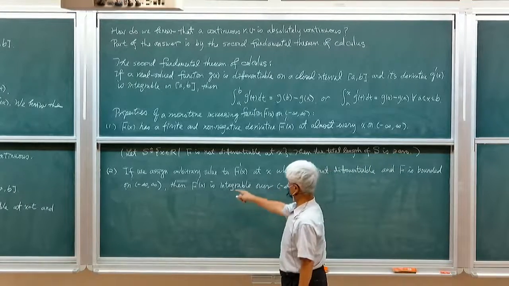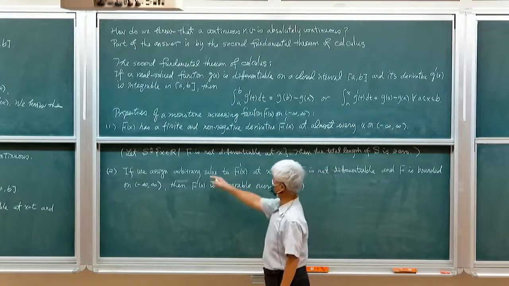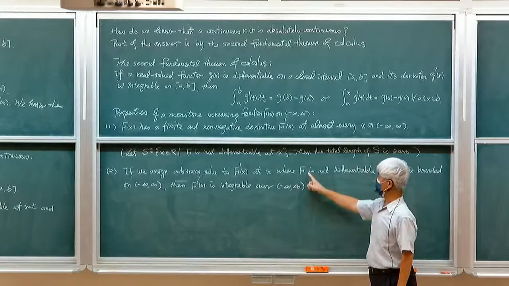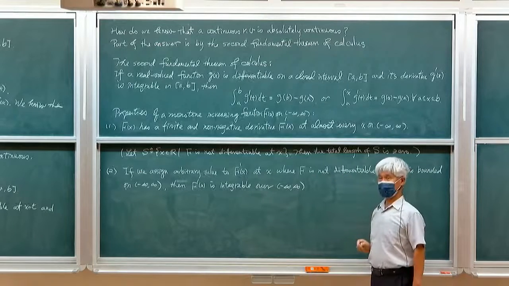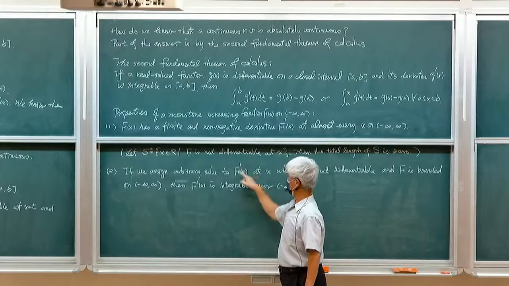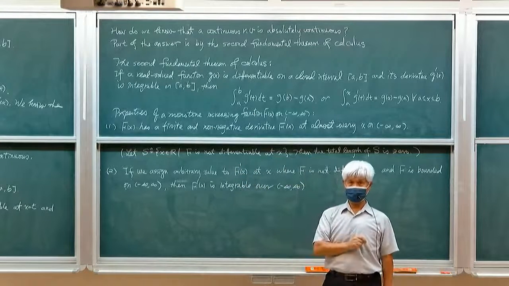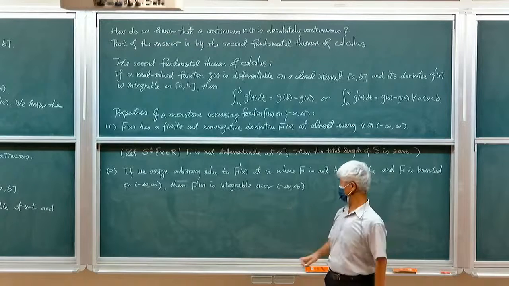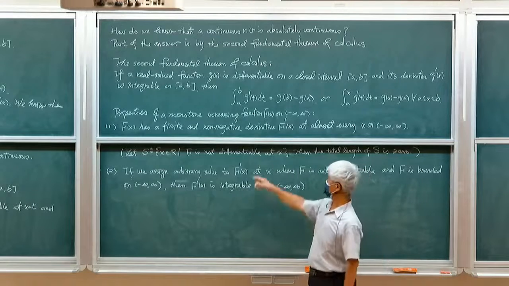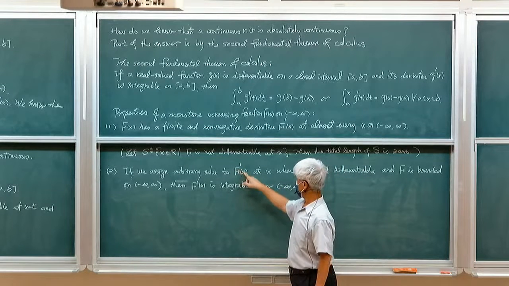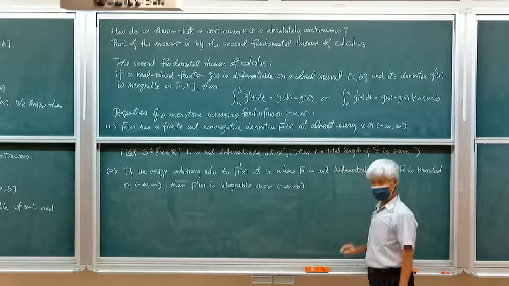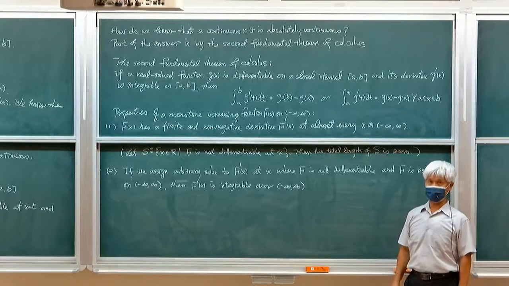And the second thing is that if we assign an arbitrary value to each point such that f is not differentiable, then f prime of x is a function on the real line. For example, you can assign 0 for every x such that f is not differentiable at x.